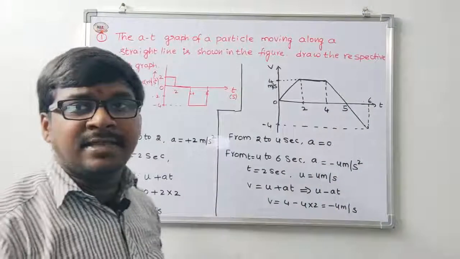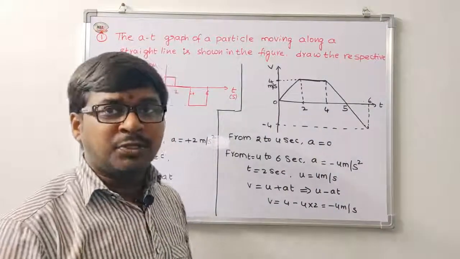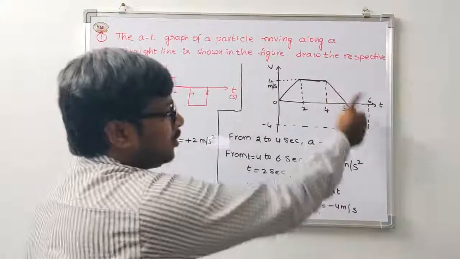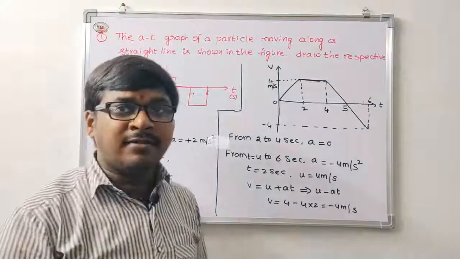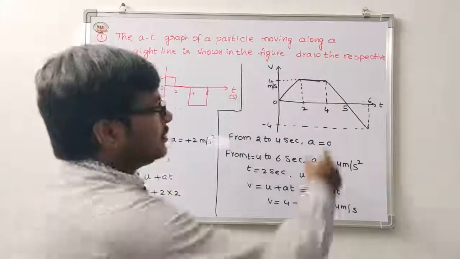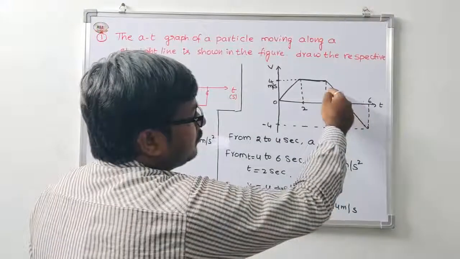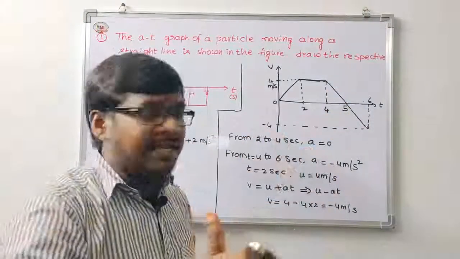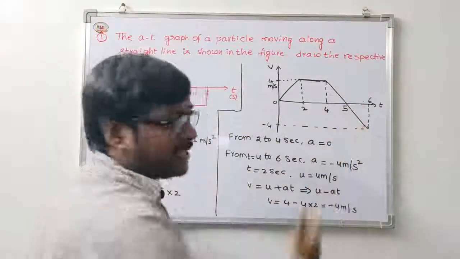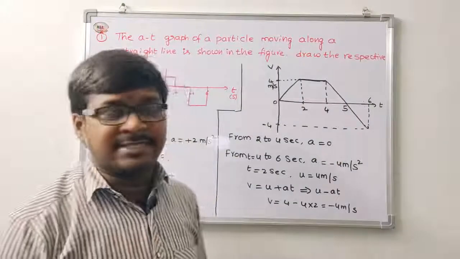Then tan theta is negative, students. Why negative? The slope is constant, but the velocity decreases from 4 to 0. Then from 0 to minus 4, the velocity increases.